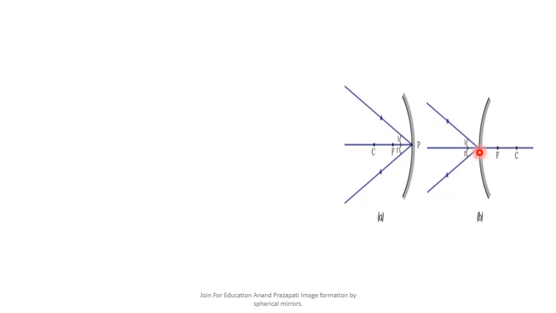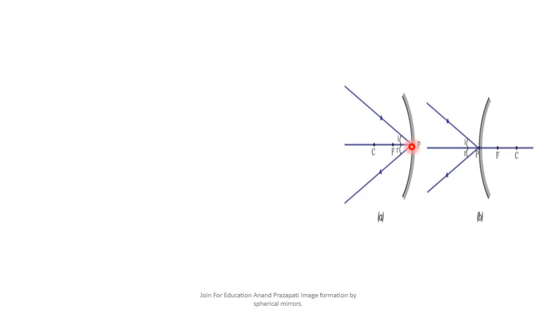In both cases we see that this is the convex mirror, this is the concave mirror, and in this figure this is the pole. So we have four reflected rays in four properties.